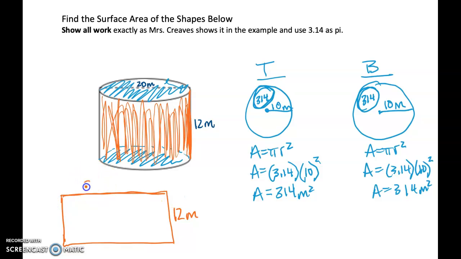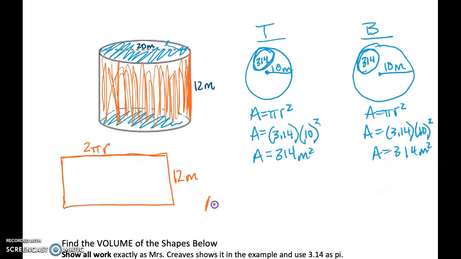This up here is 2 pi r units long. So to find the area for this particular shape, it is going to be 2 pi r times h. H is our height here, that's 12. So area equals 2 times 3.14 times our radius.